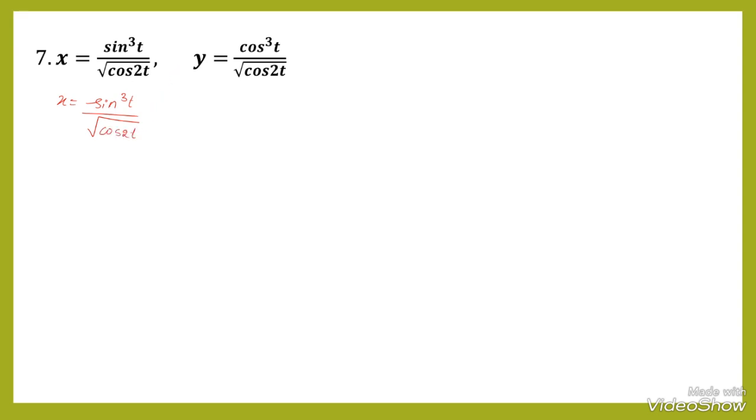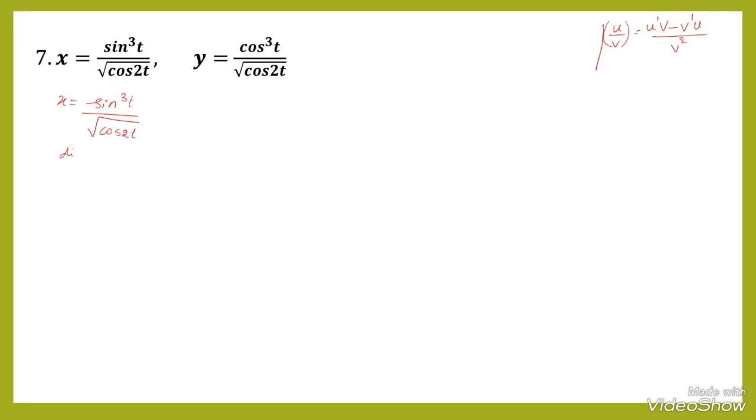Now I am taking u divided by v, that is the quotient rule: differentiate the first function keeping the second function constant, minus the second function differentiated keeping the first function constant, divided by v square.